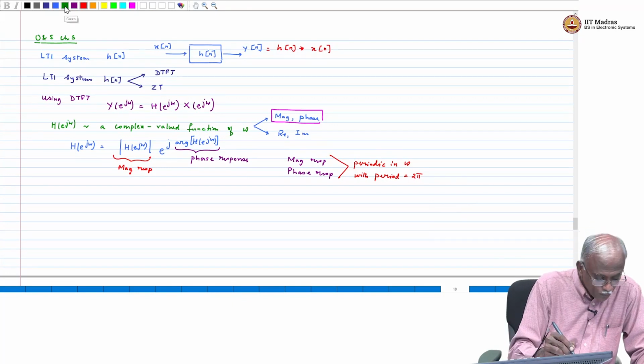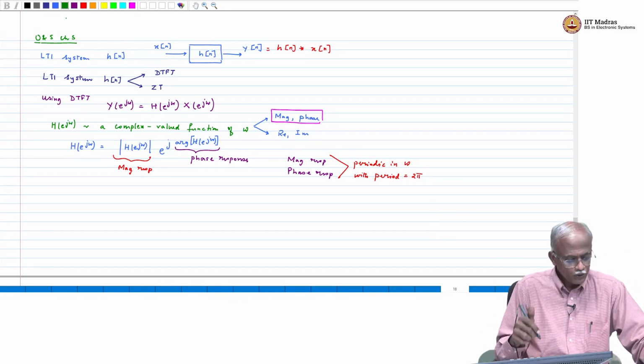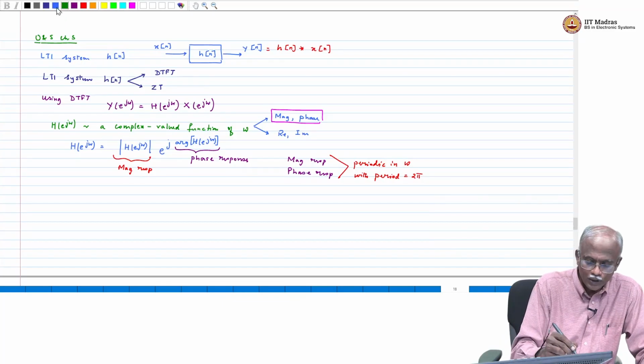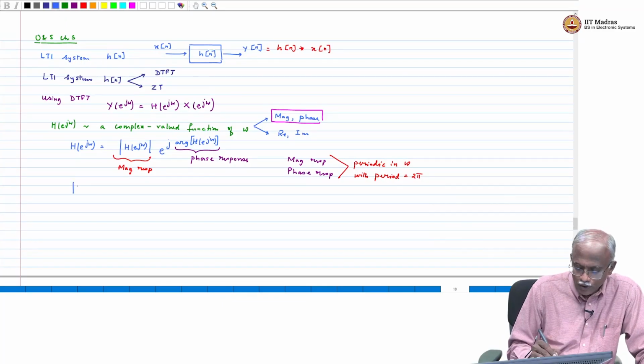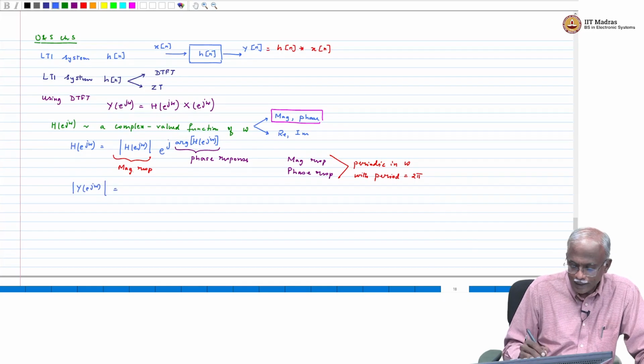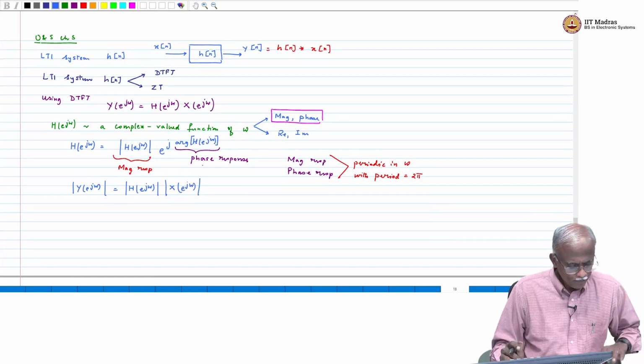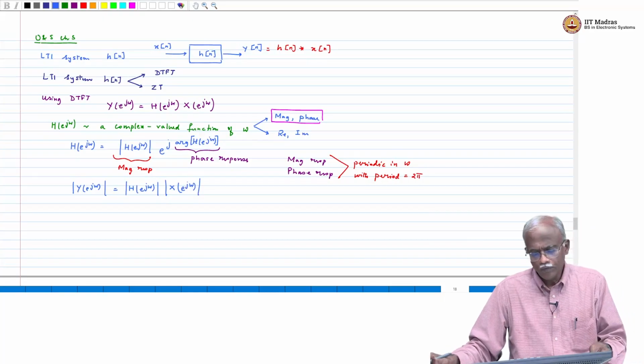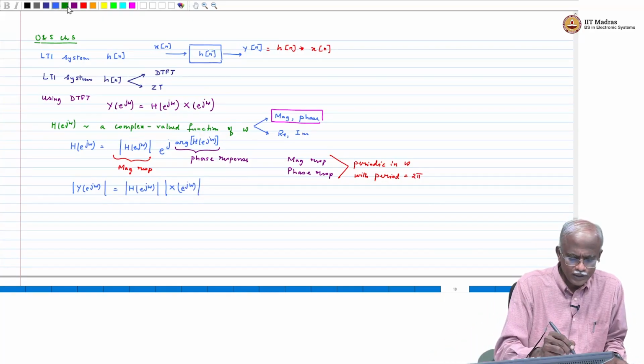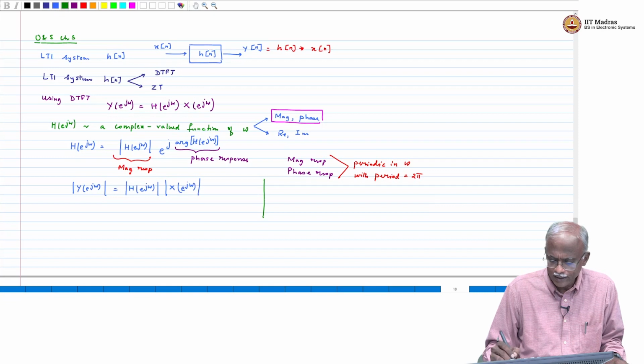Now, why are we interested in magnitude and phase? Because the magnitude of the output is going to be determined by the magnitude of the input signal multiplied with the magnitude of the LTI system. Very important. Now, maybe seeing an example will be more interesting.